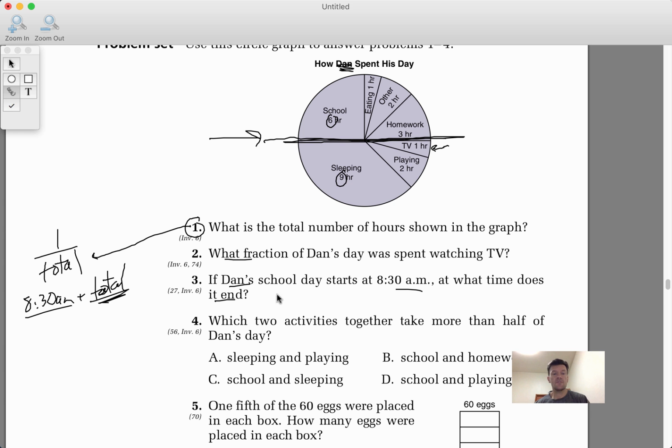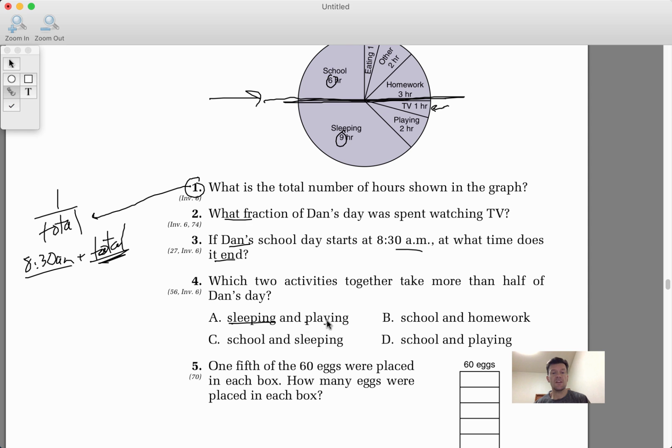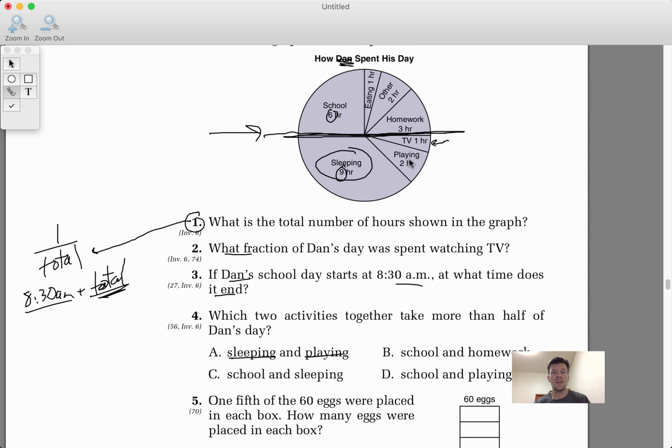So if we look at our options here, sleeping and playing, if you add those together, that's not going to be quite half. It's going to be less than half. School and sleeping, definitely, you can see that that is going to be more than half.